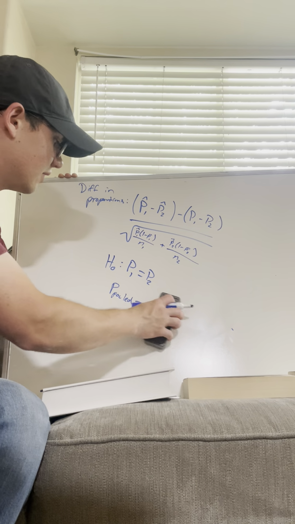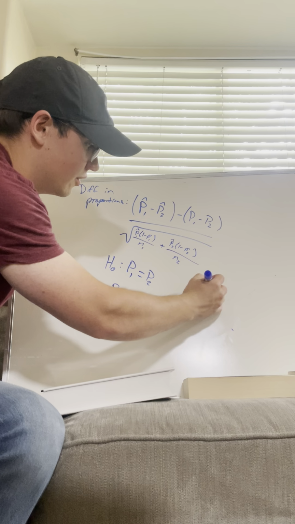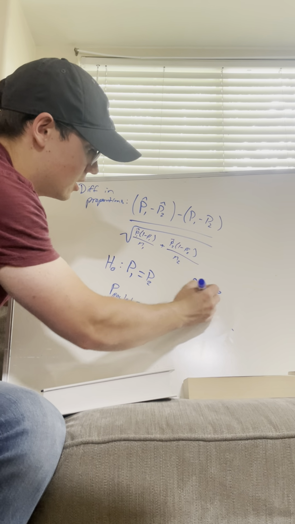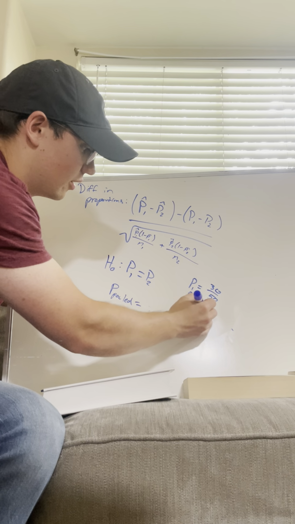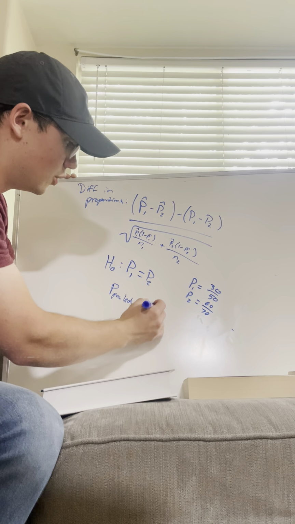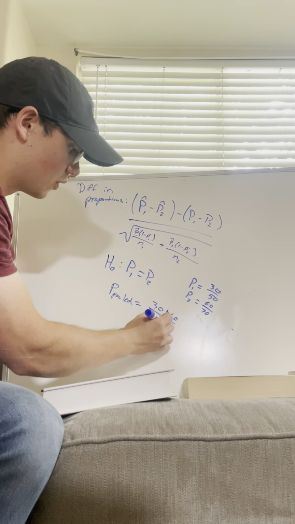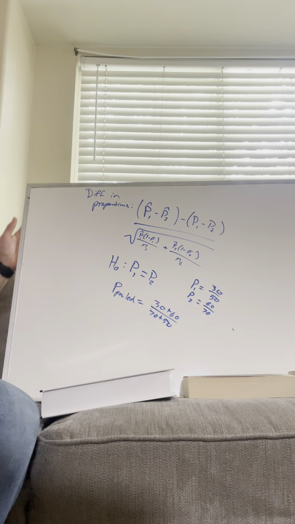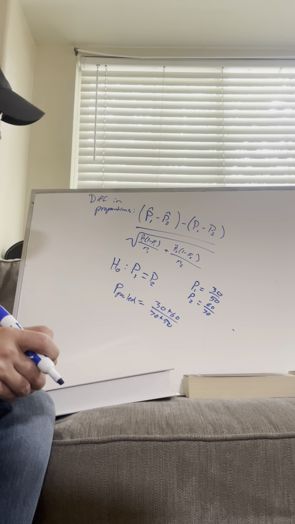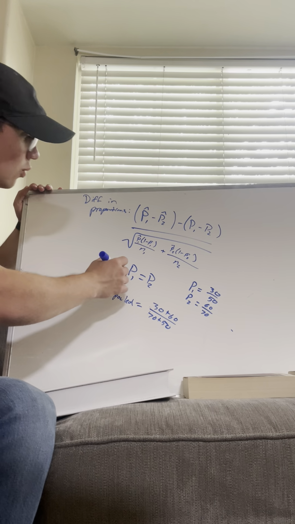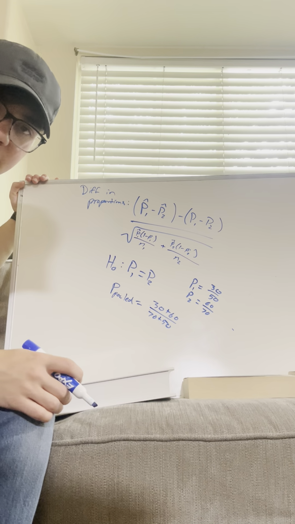So if your two samples, proportion 1 was 30 out of 50, and proportion 2 was 60 out of 70, you would do 30 plus 60 over 70 plus 50. So you're creating a combined proportion for both of the populaces. This p-pooled will then replace all of these proportions in the denominator.